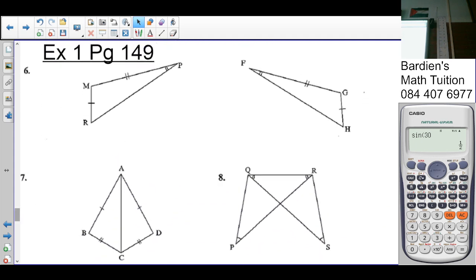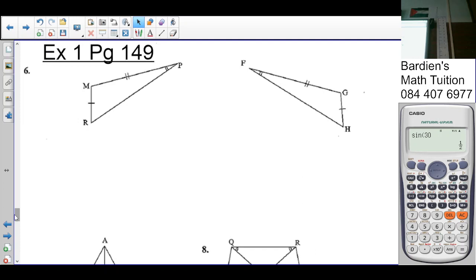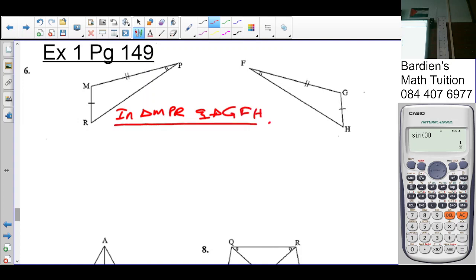Number 6. What can we say here? In triangle MPR and triangle, so it must be GFH. We have two sides and an angle. Is this the included angle? No. So can I prove congruency here?